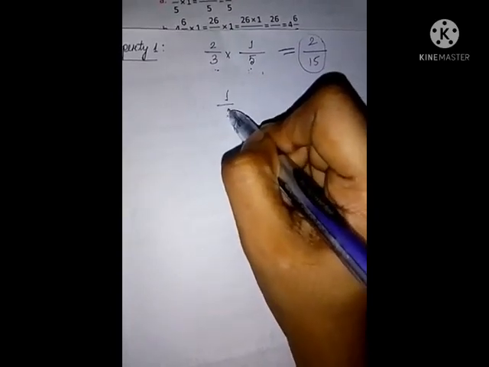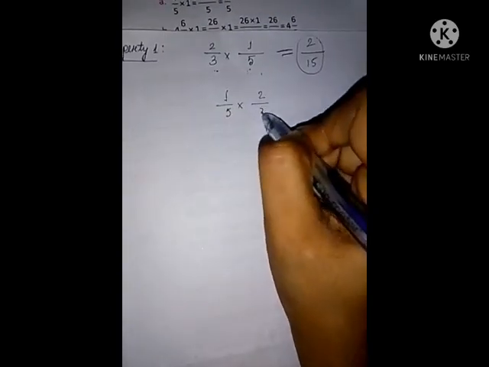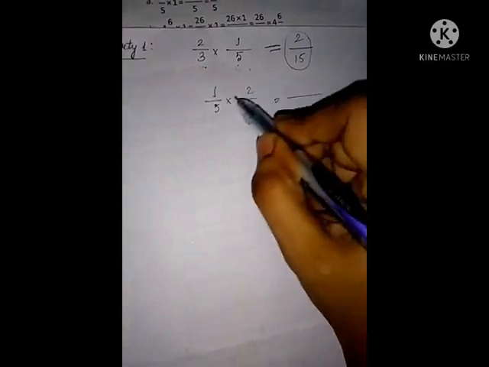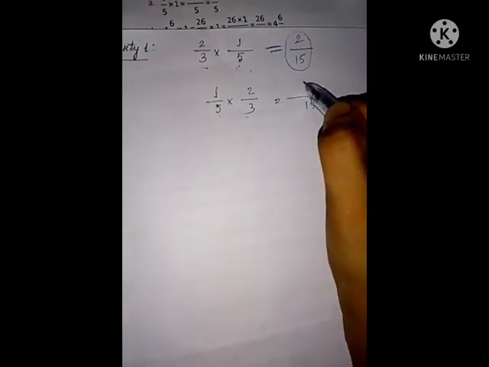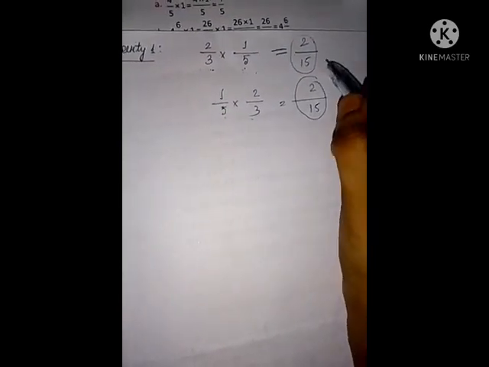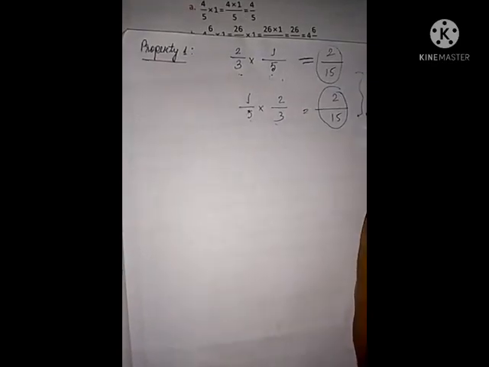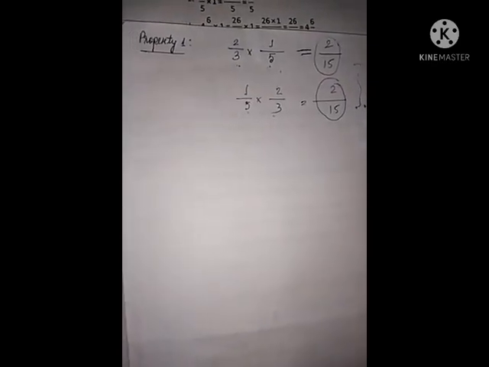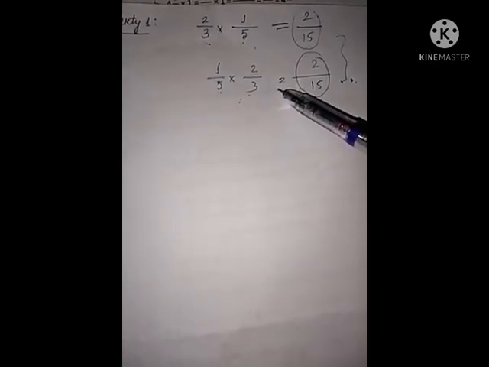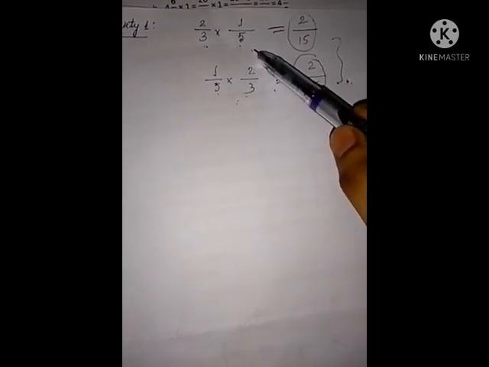If we write 1 by 5 before 2 by 3, what will happen? No change, because the product will remain the same. So this is the first property of multiplication of fractional numbers. Understand? There will be no change in the result if we change the order of fractional numbers.